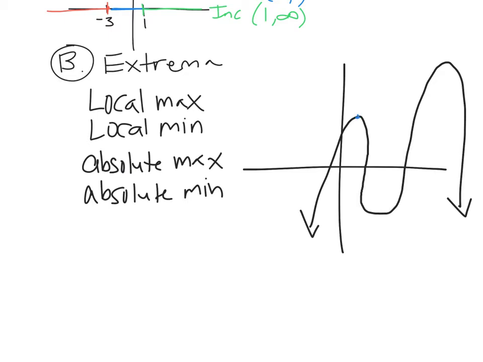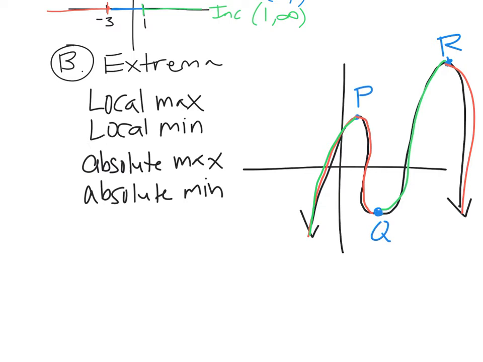So this point right here, I'm going to call point P, and this one I'll call Q, and this one I'll call R. Okay, those are the important points, because as you can tell, this graph is increasing. I should always draw that in green. It's increasing, and then it switches to decreasing, and then it switches back to increasing, and then it switches back to decreasing. Okay? So those are very important points. That's where the graph changes from increasing to decreasing.